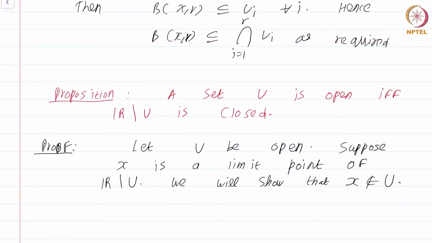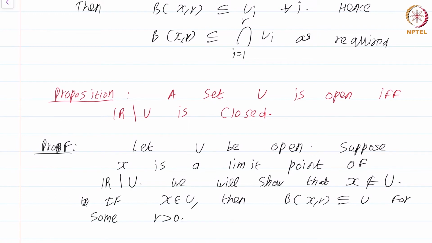Why is that the case? Well, if X is in U, then B(X, r) is a subset of U for some r greater than 0. Why? Because U is an open set, every element of U must be an interior point, right?